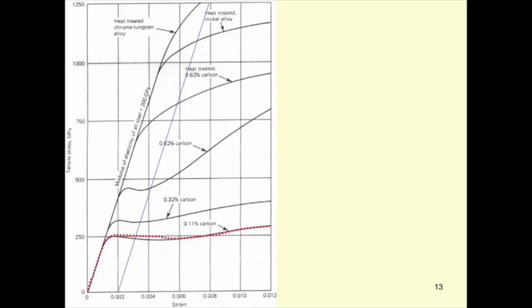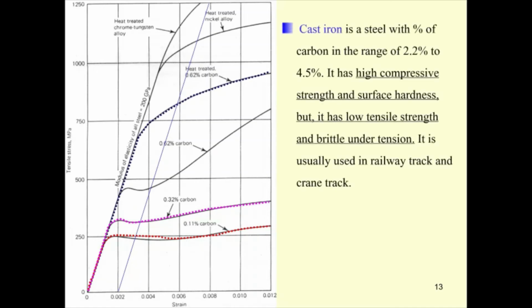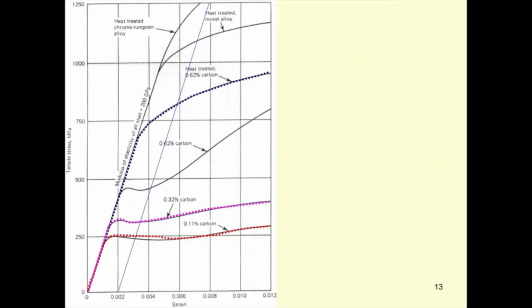This is the different steel, for steel with a carbon of 0.11. When you increase the percent of carbon to 0.32 to 0.62, you can see the stress-strain curve going up. The strength gets higher and higher as you increase the percent carbon.